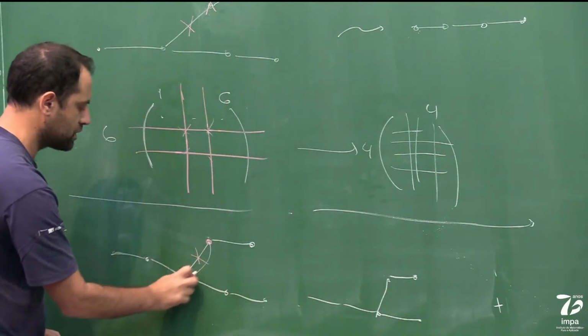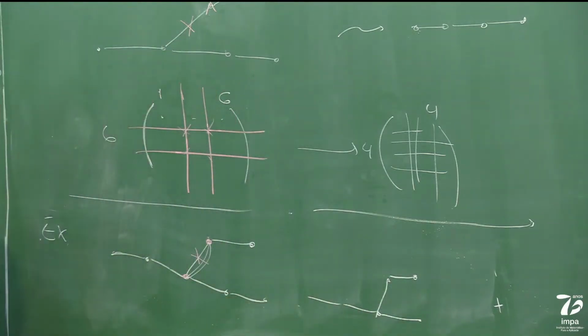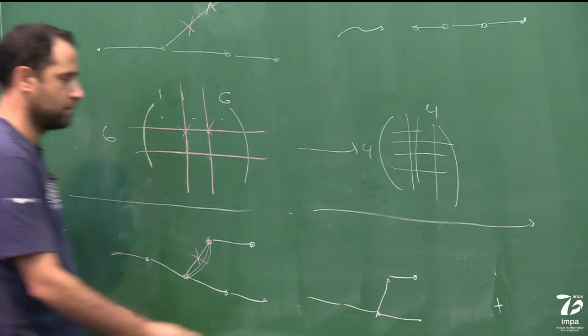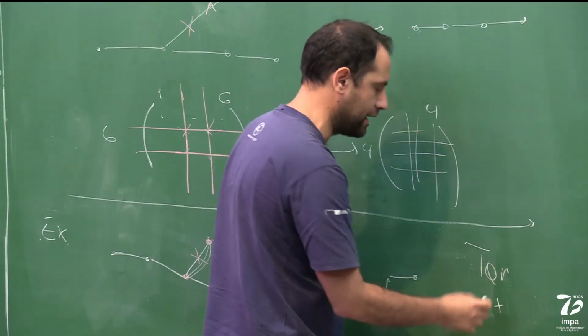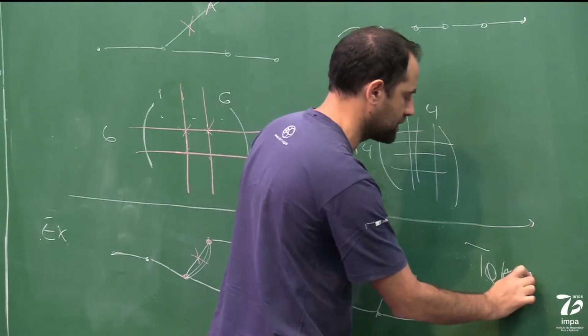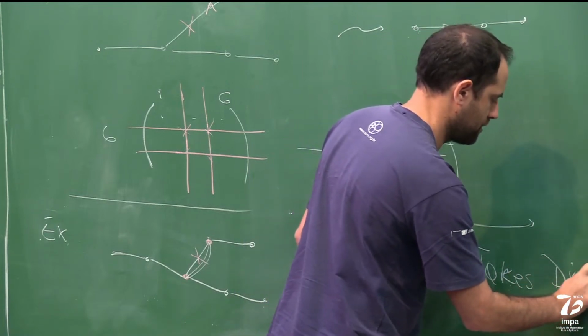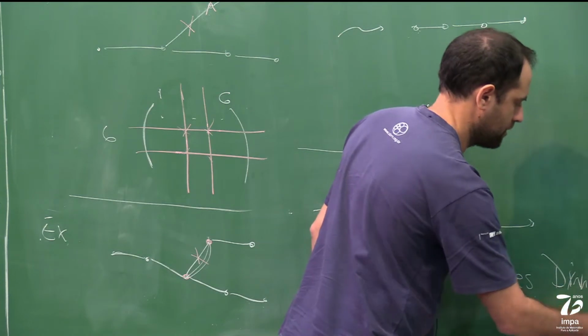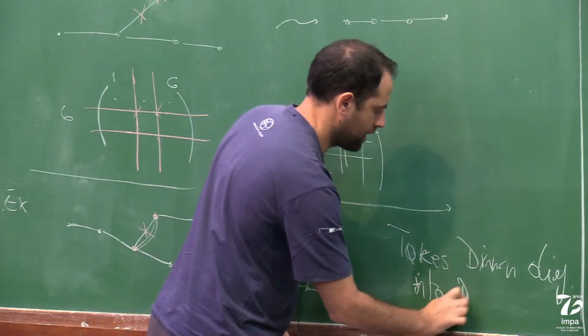So these 2 nodes you identify, and you're left with something like this. The exercise is to check that this operation takes a Cartan matrix into a Cartan matrix, or equivalently, takes Dynkin diagrams into Dynkin diagrams.